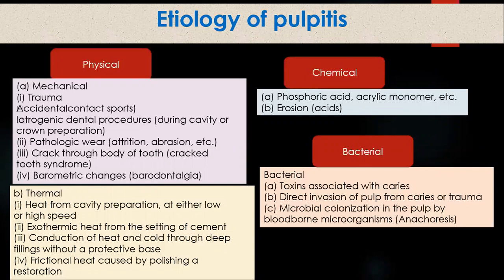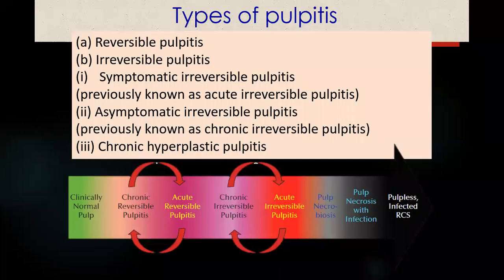Thermal includes heat from cavity preparation, exothermic heat from the setting of cement and so on, and then bacterial toxins. So these are the etiologies which cause pulpal inflammation.